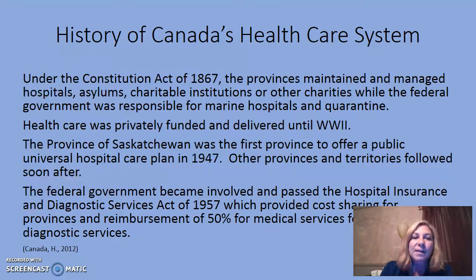The province of Saskatchewan was the first province to offer a public universal hospital care plan in 1947. Other provinces and territories followed soon after. The federal government became involved and passed the Hospital Insurance and Diagnostic Services Act of 1957, which provided cost sharing for provinces and reimbursement of 50% for medical services for hospital and diagnostic services.